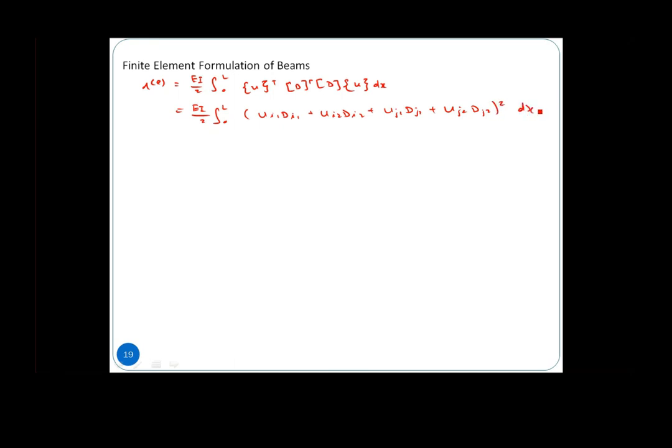So that is how it is. So if we want to find the derivative of the lambda element with respect to UI1, right?